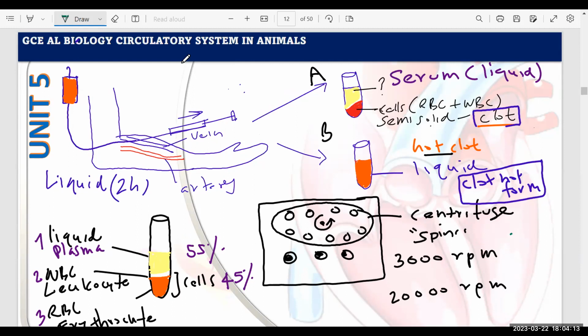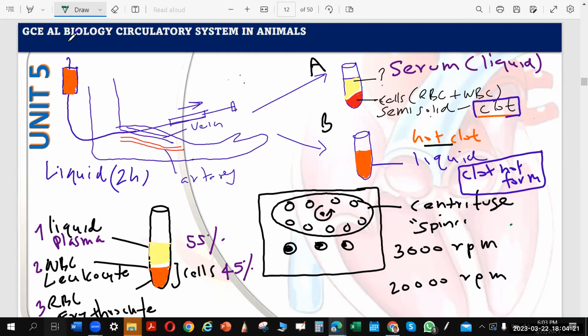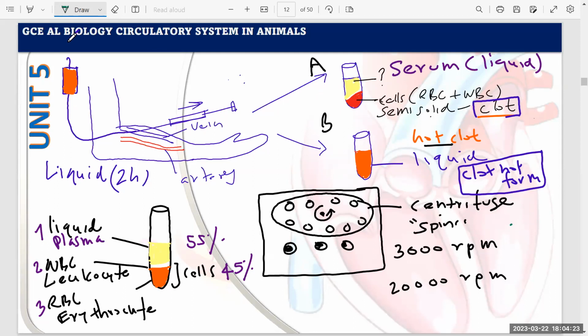Because we can understand a little bit of this if we understand that. Some insects like leeches, like annelids, secrete chemicals which prevent blood clotting. Mosquitoes secrete chemicals which prevent blood clotting.